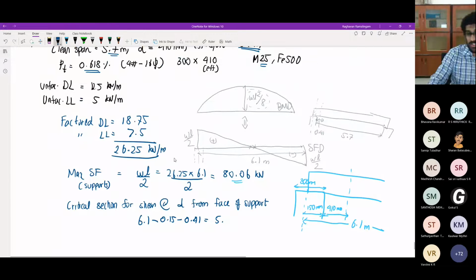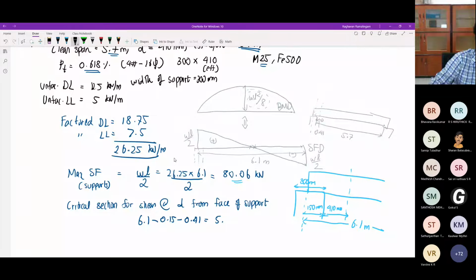So this is now easy. Either you can write the equation for shear force and calculate the shear force at 5.54 meters, or the simpler way, since this shape is a very nice shape, two triangles, is to use similar triangles. So 6.1 means half of this is 3.05.